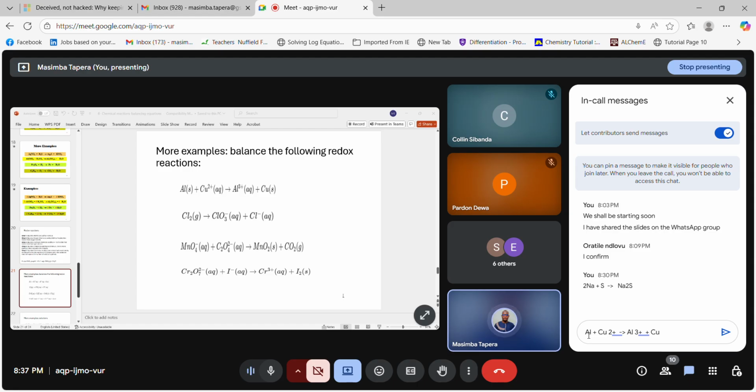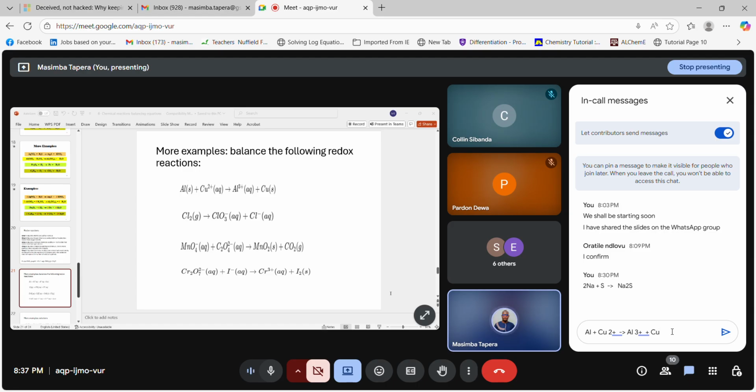So it is okay for aluminium. And for copper, we have copper 2 plus, which is just 1 copper versus copper on this side. It is balanced in terms of the atoms. But remember, we also balance the oxygen and the hydrogen. There is no oxygen and no hydrogen, so in terms of those elements, it is balanced.